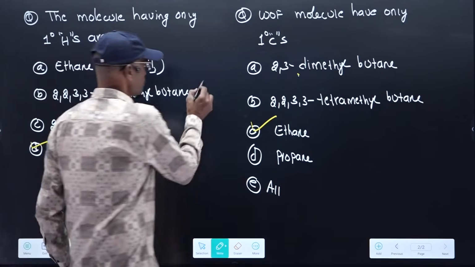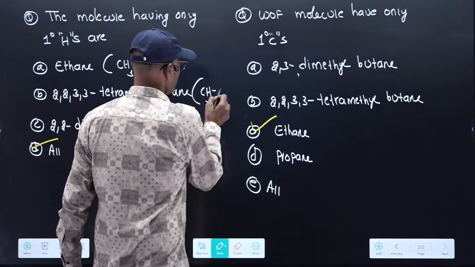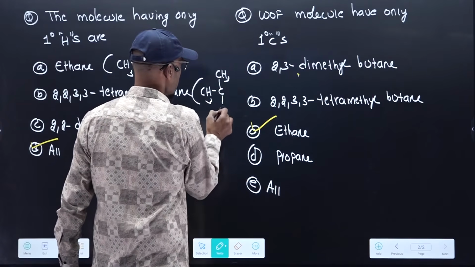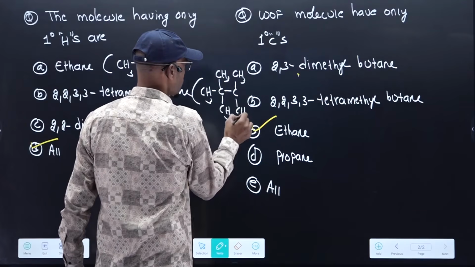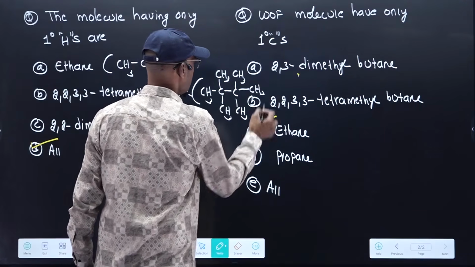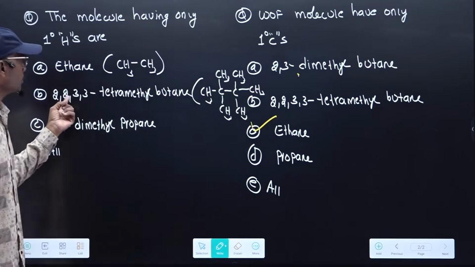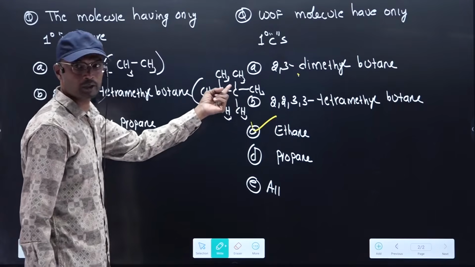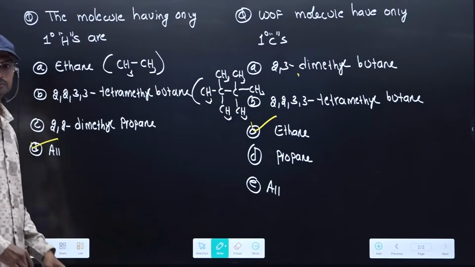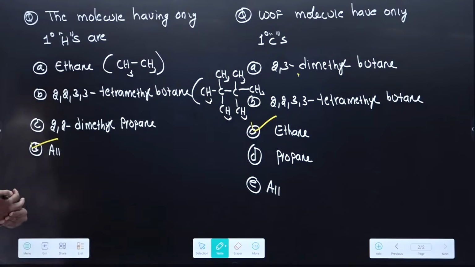Now, if you see this molecule, it is 2,2,3,3-tetramethyl butane, right? Here how many hydrogens are present? 18, right?